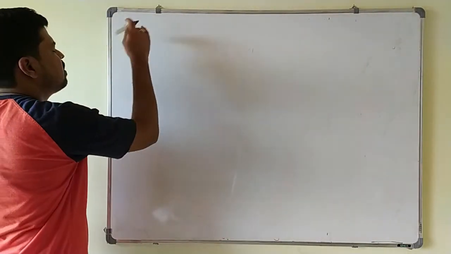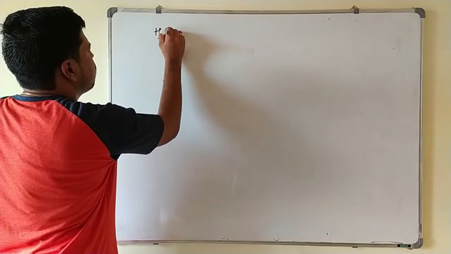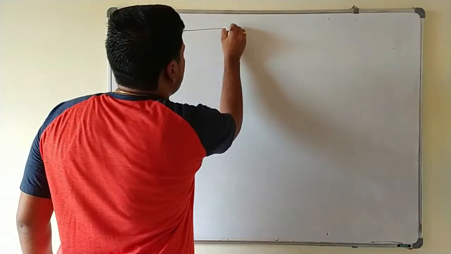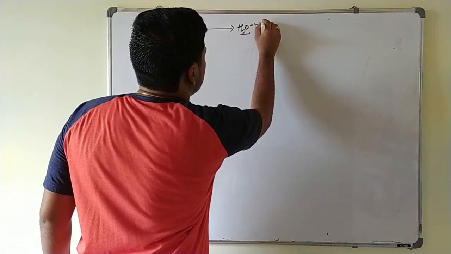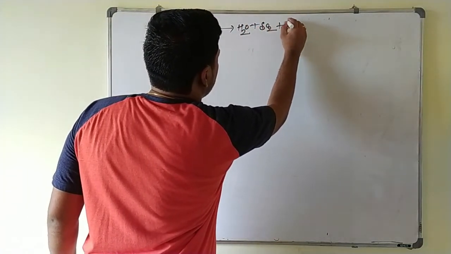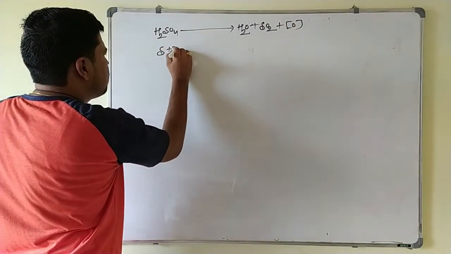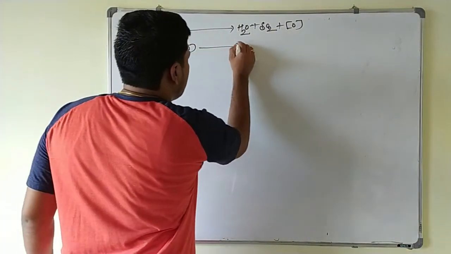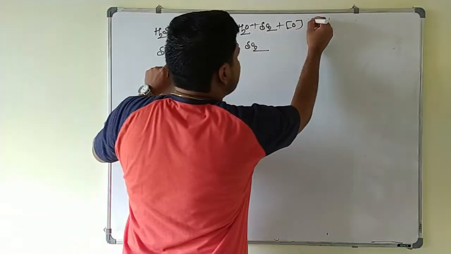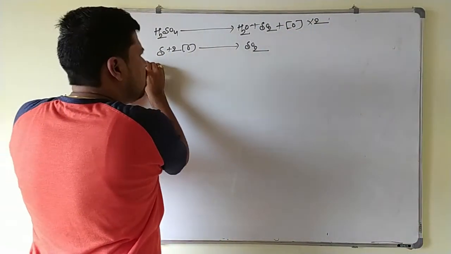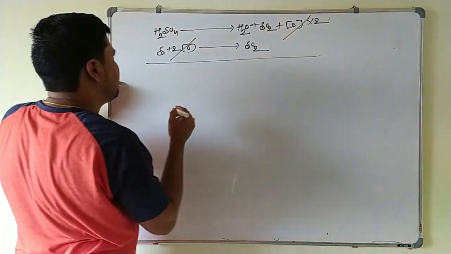oxidation of sulfur. H2SO4 decomposes to give H2O plus SO2 plus 1 nascent oxygen. Sulfur combines with 2 oxygen to form SO2. 2 nascent oxygen are required here, only 1 is there, so multiply by 2. Now the 2 nascent oxygen cancel.